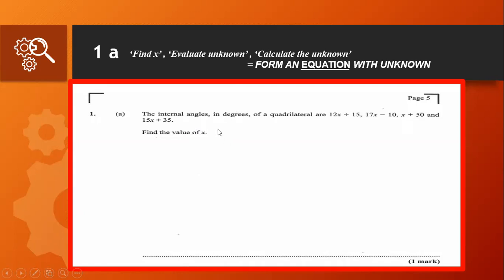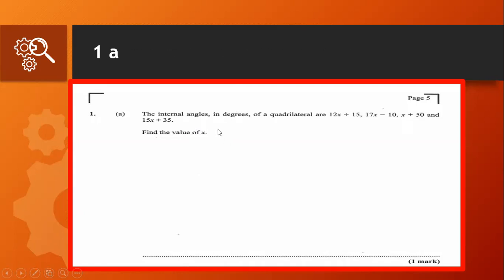So what are we going to do? We're going to form that equation in the unknown based on some knowledge of mathematics pertinent or relevant to the question. What part of mathematics is relevant to the question? Well, the words of the question tell you which part. There's internal angles. That tells me something, right?